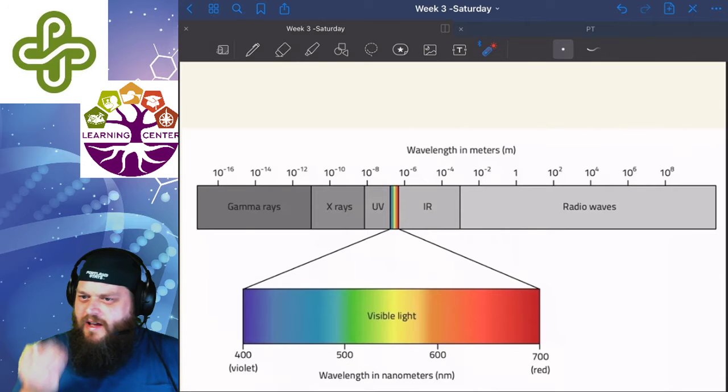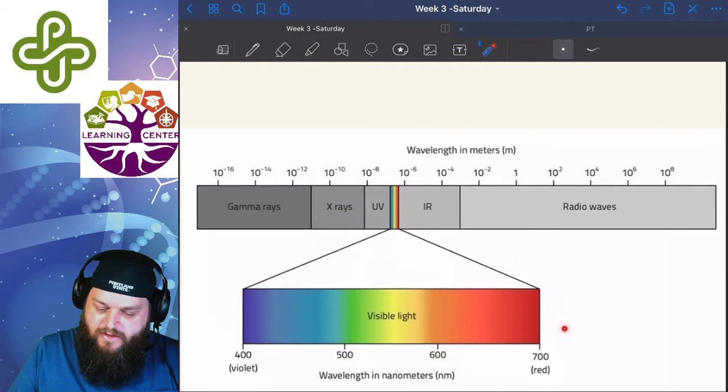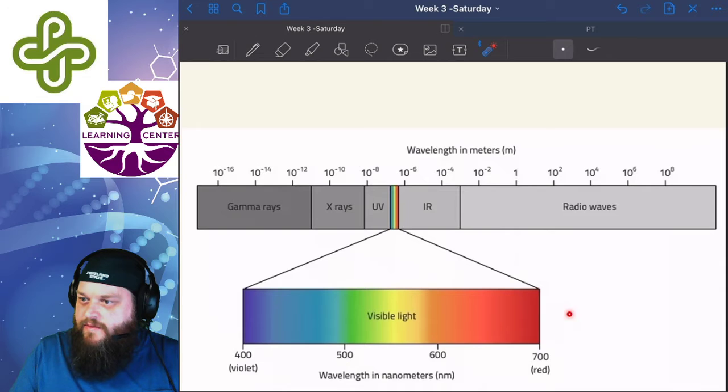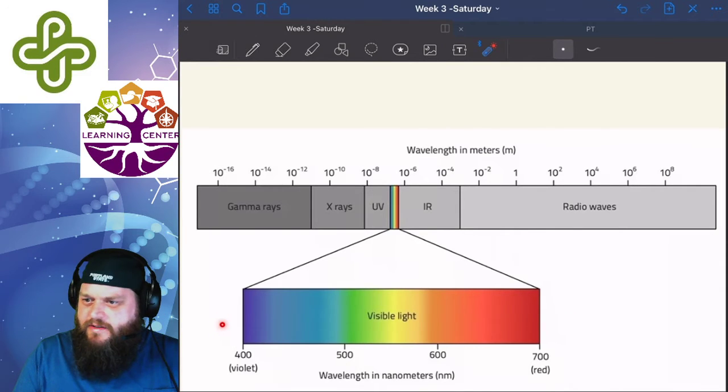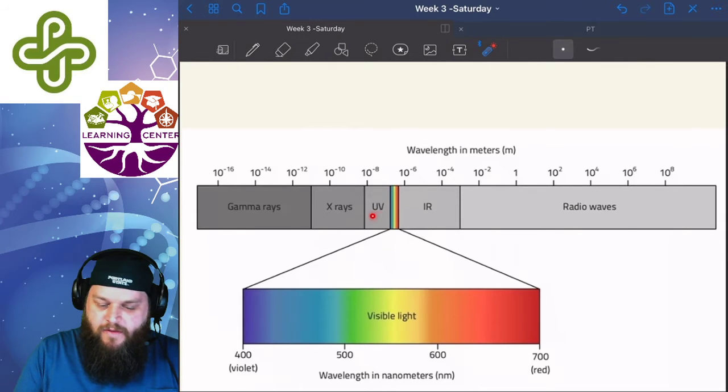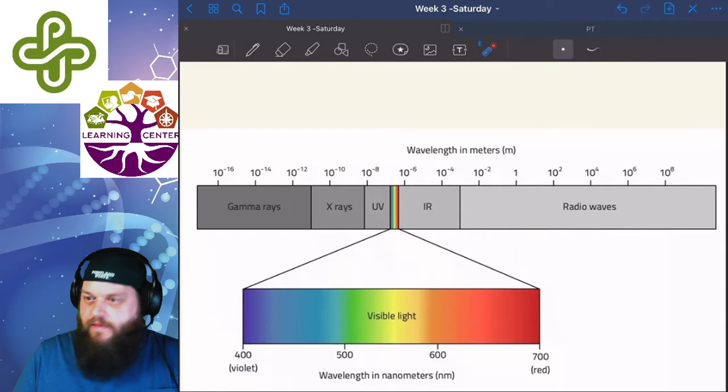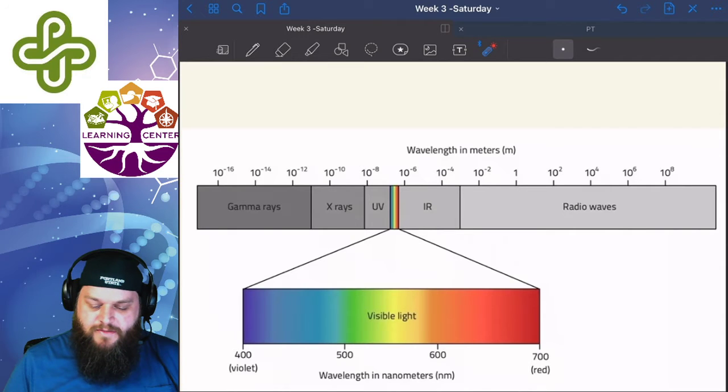If you have really good eyes and you're looking in the dark for a while and you're adjusted, you could probably see a little bit past here to 750, 800. And you can probably go down a little bit more to like 380 or so to see a little bit more of the ultraviolet. But for the most part, those UVs and the IRs, once you get 1 order of magnitude greater than this, you're not going to see it. Our eyes just are not built for those spectrums.